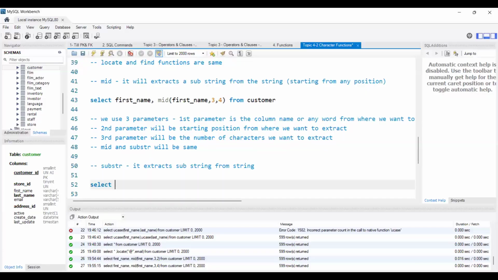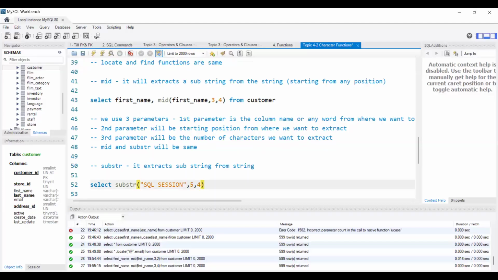Suppose select substr of SQL, I'm giving a space here, and I'm writing session. Okay. Comma. This is the word which I want to extract, and I will say 5, comma 4, suppose.